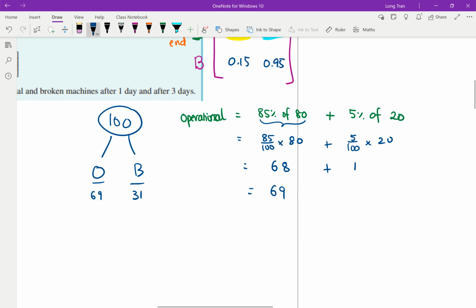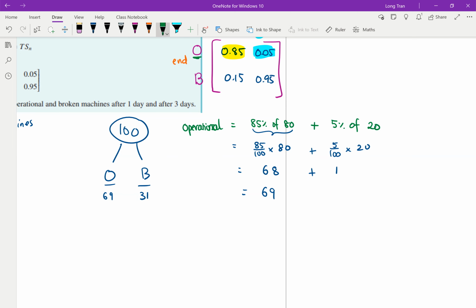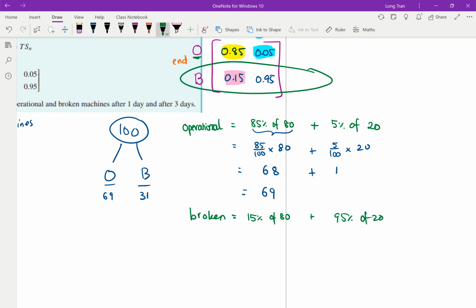You can work out broken by following the same idea. Broken is equal to 15% of the 80 that were operational at the start of the day, plus 95% of the 20, which will stay broken at the end of the day. You can see that the calculation for this takes a while, doesn't it?